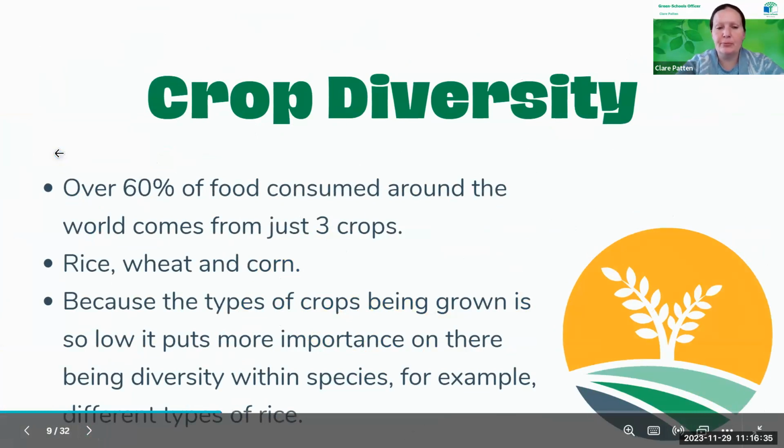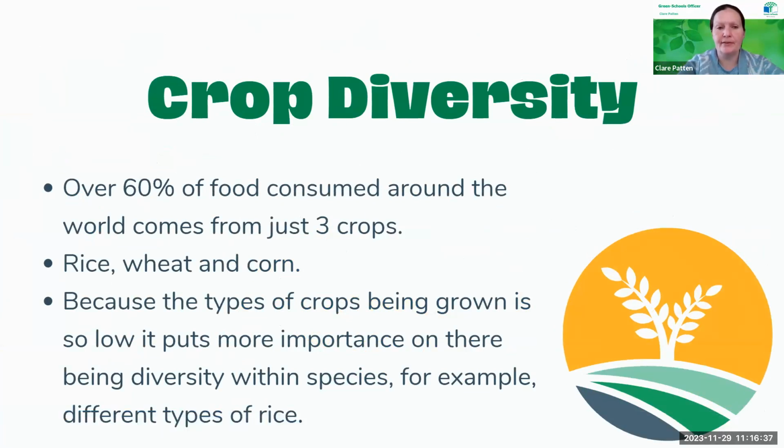So if we look at what everyone around the world eats altogether, 60% of what is eaten is coming from just 3 different types of food. So those 3 types are rice, wheat, and corn.